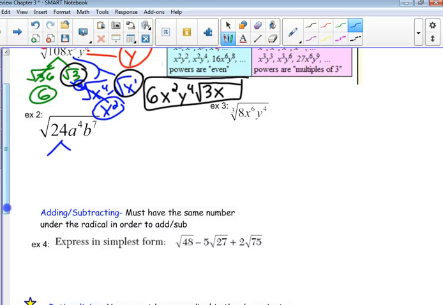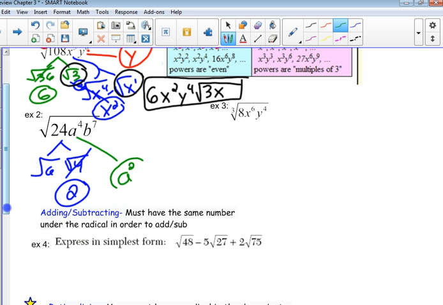Would you guys get the biggest one that goes into 24? 4? Good. Yep. 4. And the 4 is the perfect square, so that becomes 2. What about a to the 4th? A squared. Good job. Very nice. So this is an even exponent. Now that b to the 7th, not even, so we need to break it down.